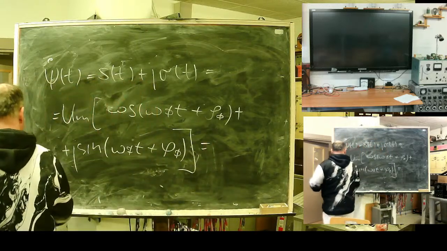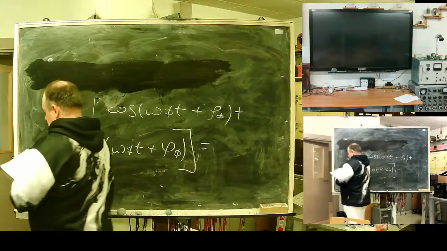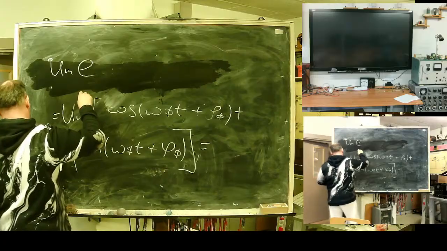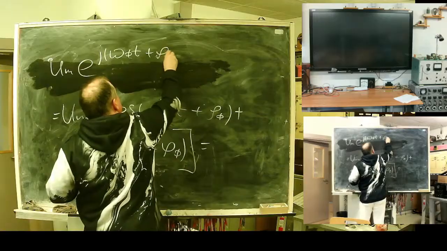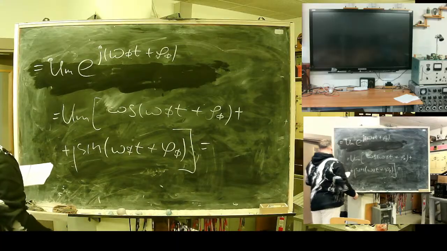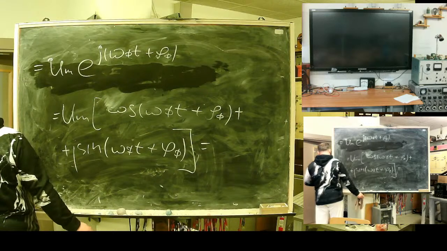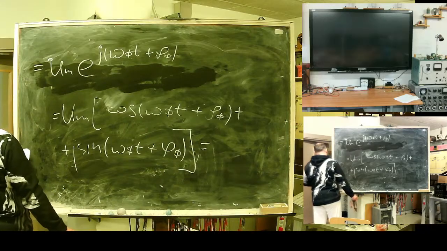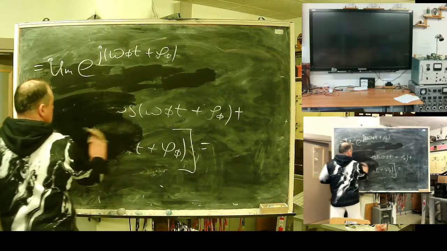This can be written as e to the power j times omega 0 t plus phi 0. Here is the complex representation of my harmonic signal.